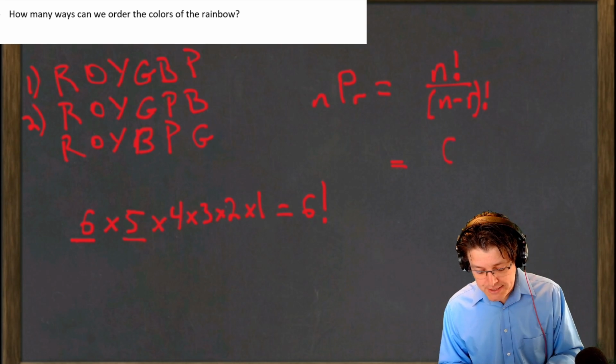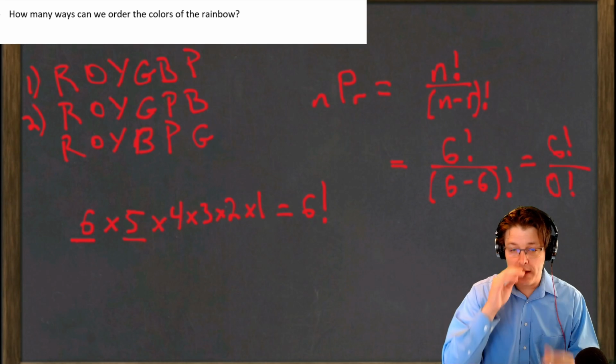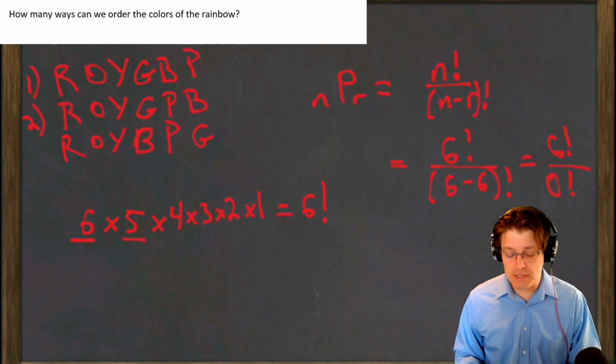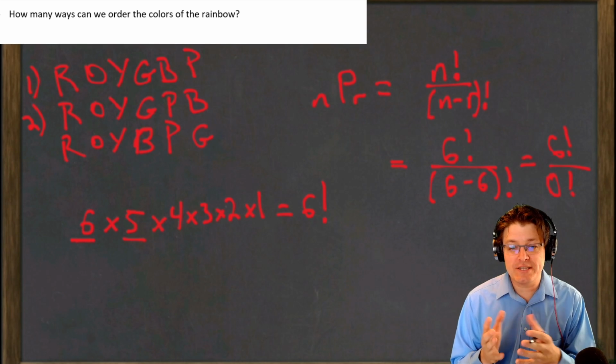In our case, it's 6 factorial, and then because we're doing 6 minus 6, this becomes 6 factorial over 0 factorial. If you haven't worked with factorials much, you may have forgotten, but 0 factorial is 1.